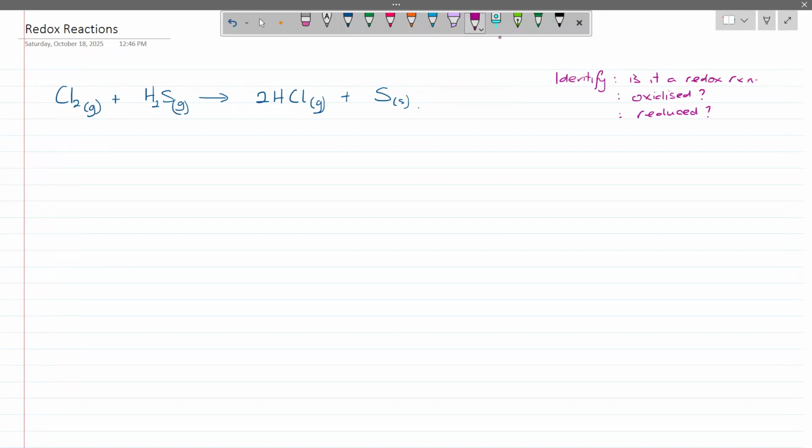Let us begin by looking, on either side, at the elements, molecules, or ions. Here we have chlorine, we have H and sulfur.